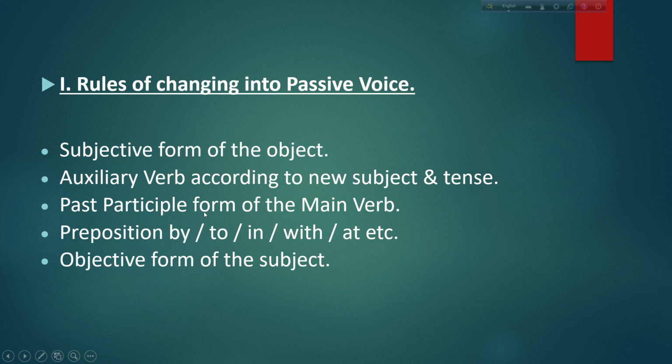Then the past participle form of the main verb. Always in passive voice, the main verb is a past participle. Then a preposition, generally by, otherwise to, in, with, at, etc. may come. And then the objective form of the subject. This is the last part. The subject is changed into an object and we should use its objective form.